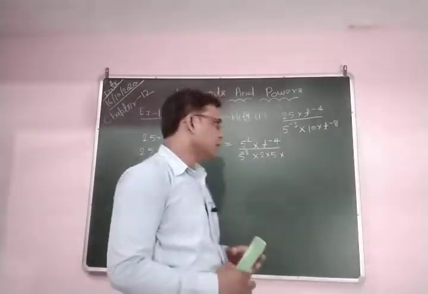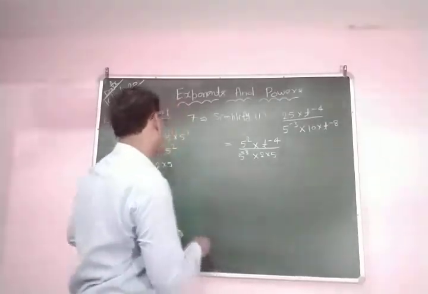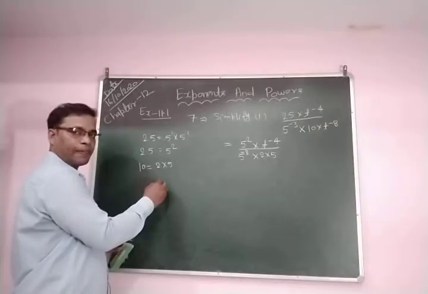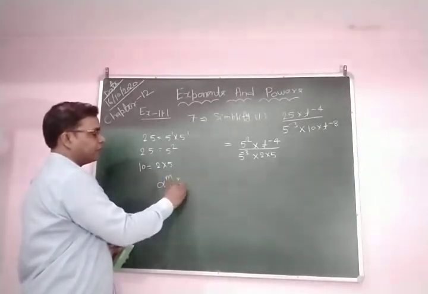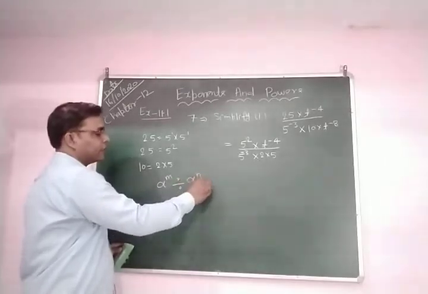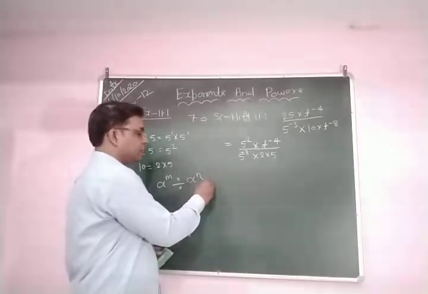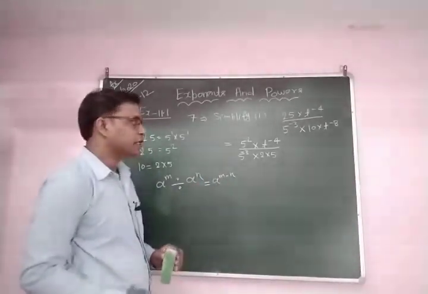This is a case of division. You know very well this identity, the law of exponents: if a to the power m is divided by a to the power n, this is a case of division, then their powers will subtract. So you can write a to the power m minus n. Clear?